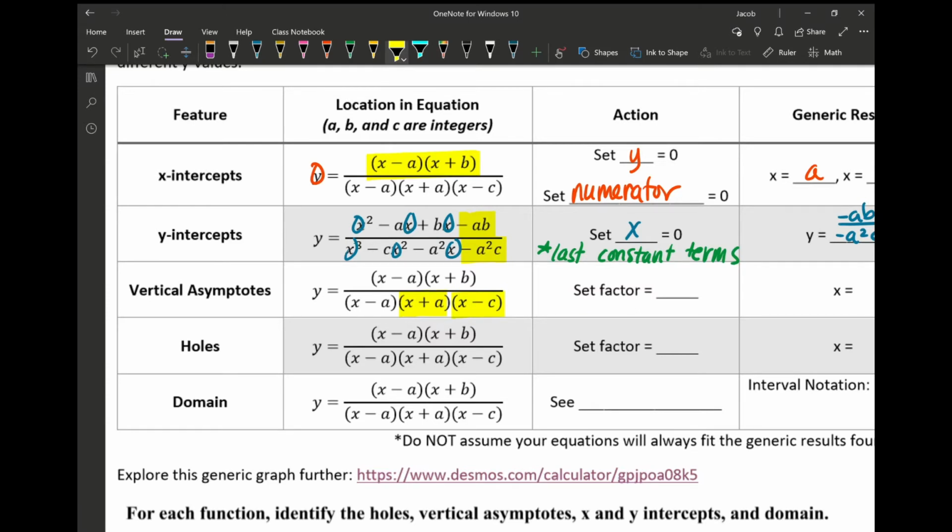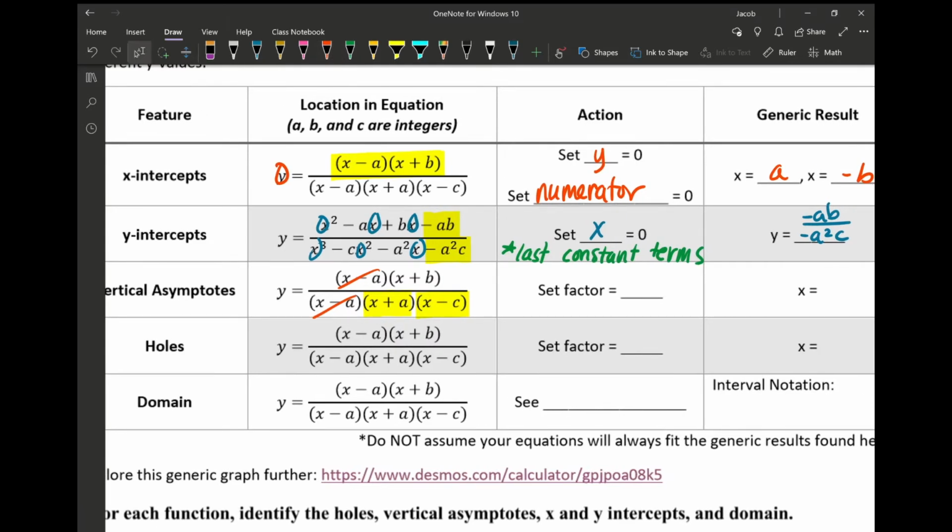Because x minus a and x minus a divide each other out, that factor does not represent a vertical asymptote. So we'll set the factors that we've found equal to 0. And we should specify and say factors not divided out. You like to say cancel, maybe, but not divided out is what I'm going to say.